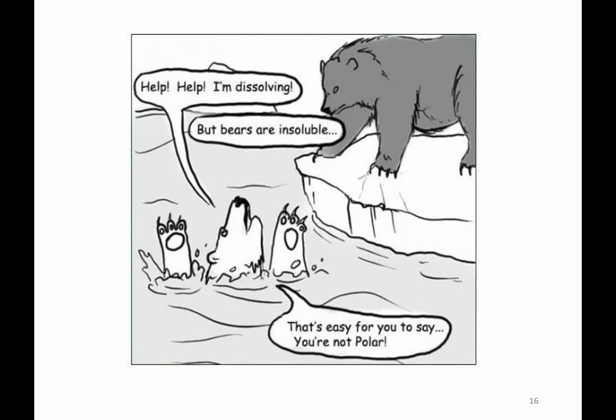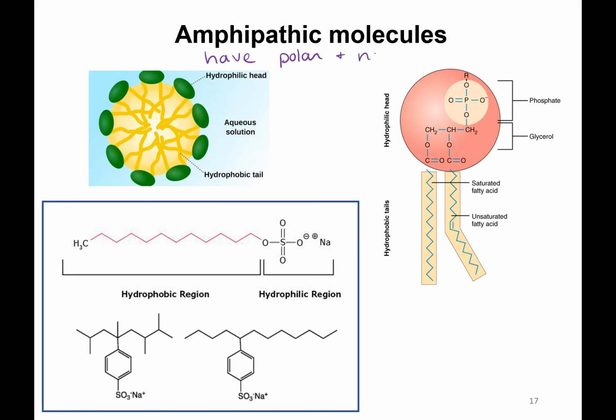Amphipathic molecules have both polar and non-polar regions. So they're a little bit of both. You can see here we talk about something having a hydrophilic head. This is the polar part.